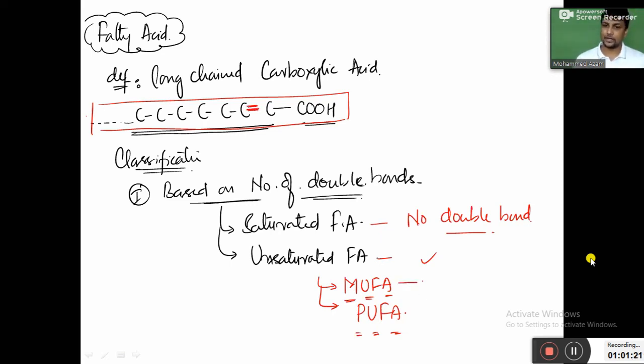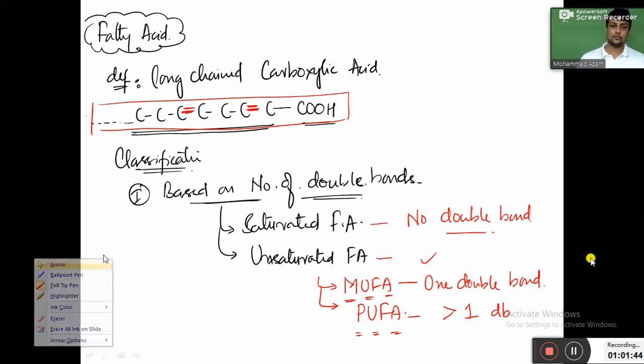Then it will be mono unsaturated fatty acid. If there is more than one double bond, one double bond here, one double bond here, something like that, then it is poly unsaturated fatty acid. It's so simple, the easiest classification actually.